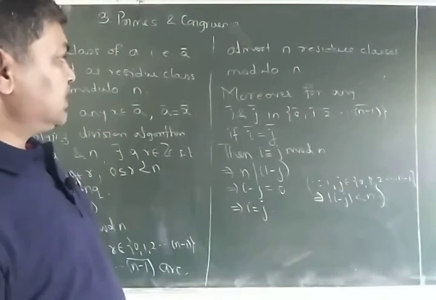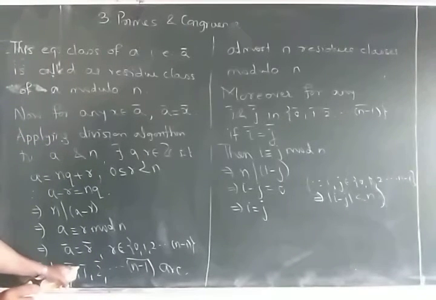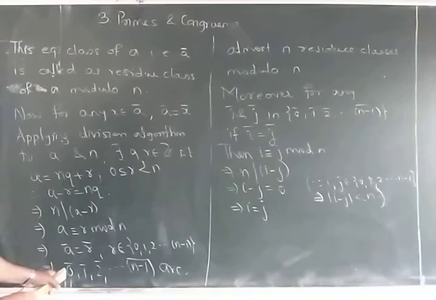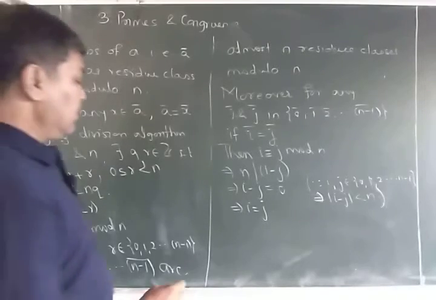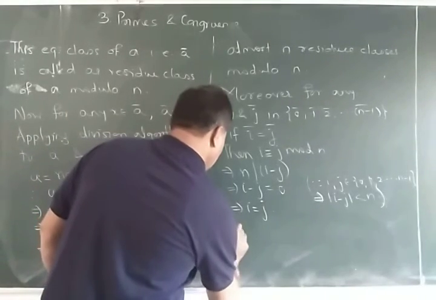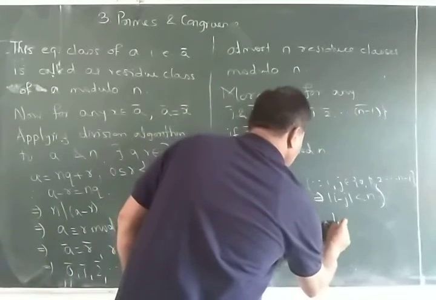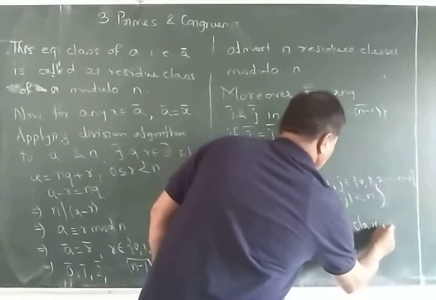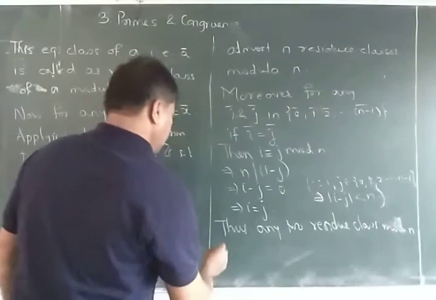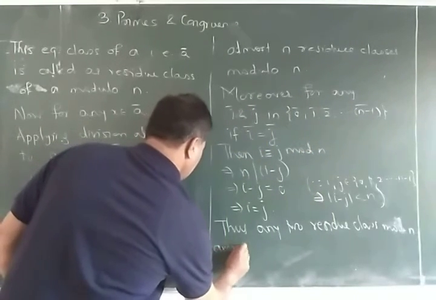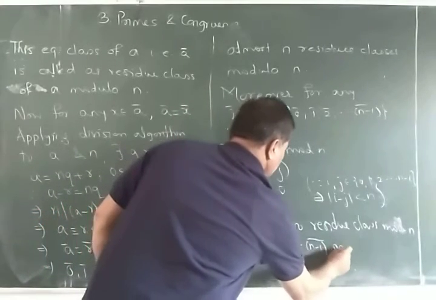Thus, any two residue classes modulo n among 0 bar, 1 bar up to n minus 1 bar are distinct.